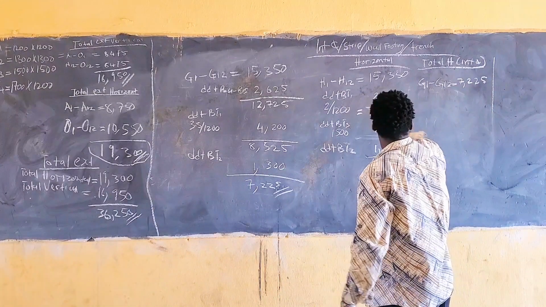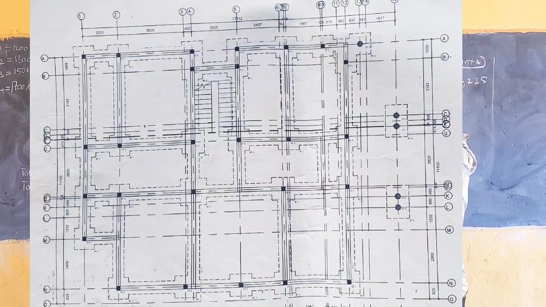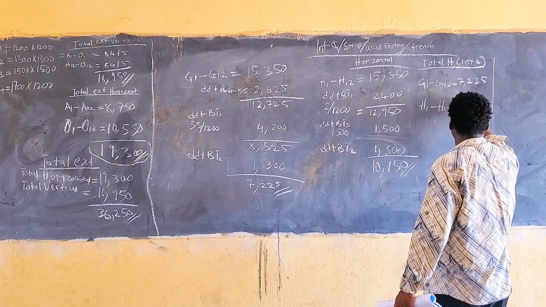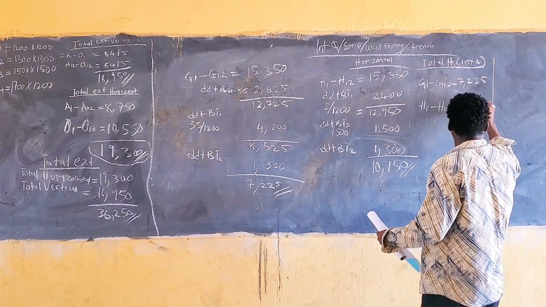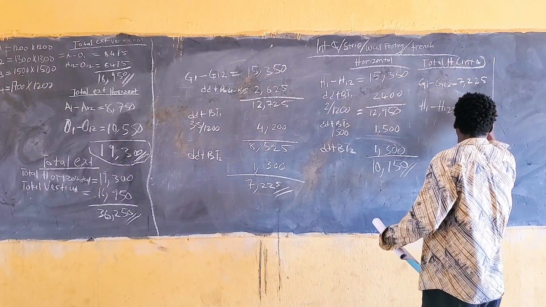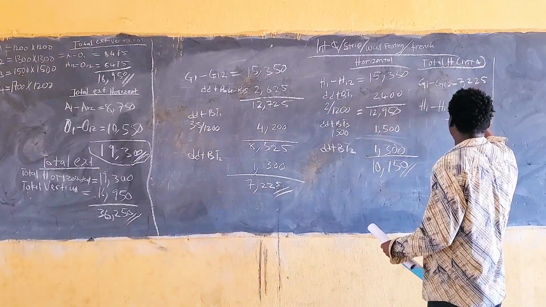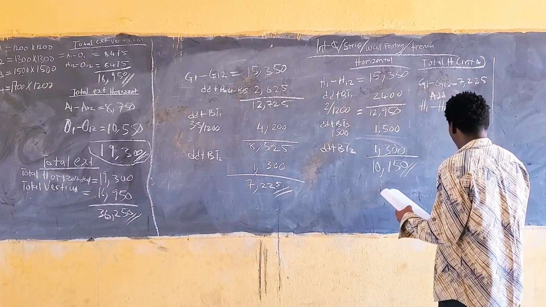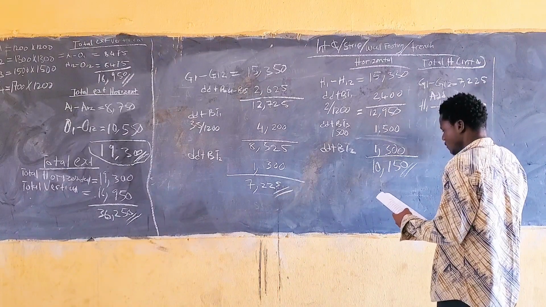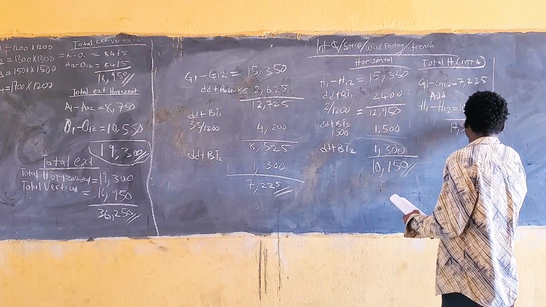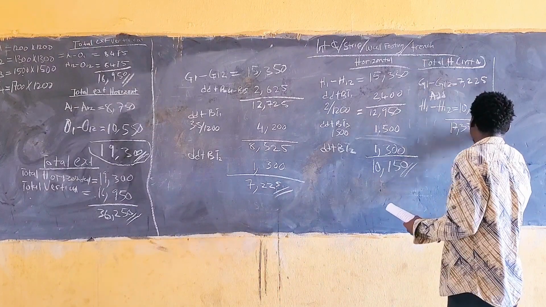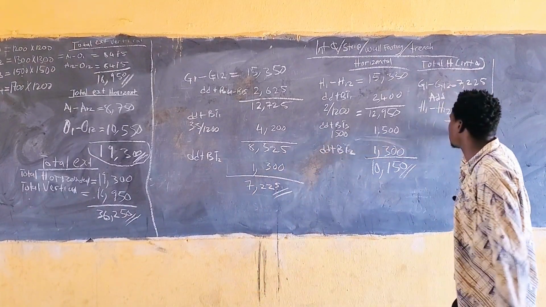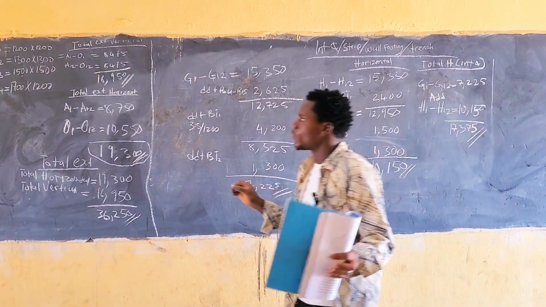Then from H1 to H12, our dimension is 10,150. So we add this together, and that will give us 17,375. This dimension, 17,375, we are going to keep somewhere because we are going to be needing it very soon.